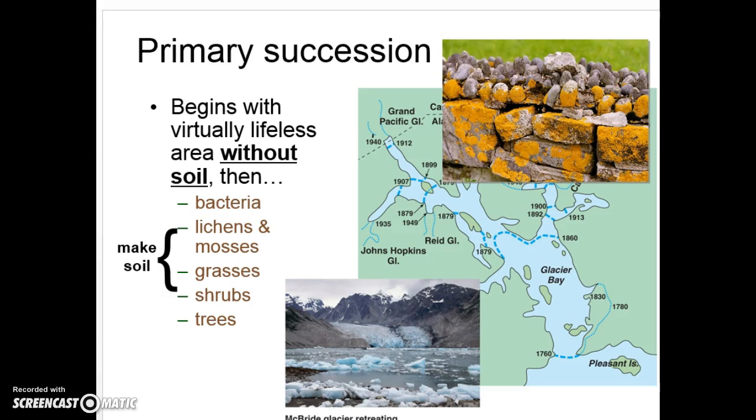So that has to begin with a lifeless area, and also there is no soil, so that even the soil with its nutrients has been removed. So in primary succession, soil must first be made, and that's going to occur through organisms like bacteria, lichen, mosses, and then following that, there'll be grasses, and then shrubs and trees that slowly build up a foundation for that community to succeed.